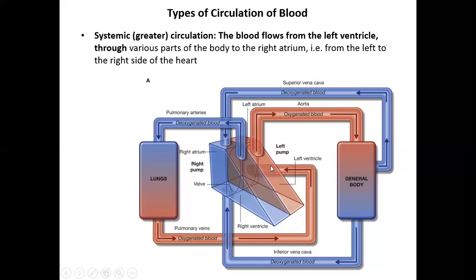Left ventricle pumps the blood to the aorta. Aorta divides into smaller and smaller branches, reaching the tissue level, and there, at the level of capillaries, the exchange occurs. Now, from there, venule starts, and it forms vein, ultimately draining into the right atrium. Similarly, this is in the lower part of the body.